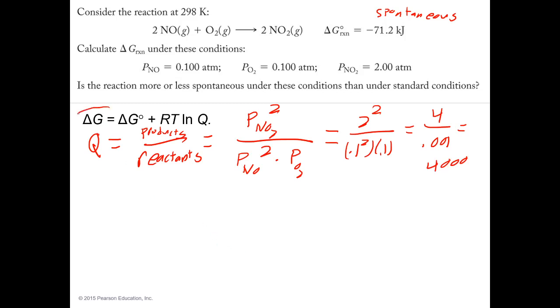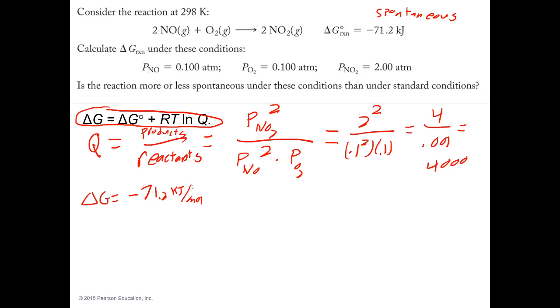So now we've got to plug everything into this equation here. What we want to know is, what is the delta G? That's the thing we don't know. We do know what the standard state value is, though. It's negative 71.2 kilojoules per mole. Again, like I talked about last time, you'll see per mole, sometimes you won't. When it's written next to the reaction, you won't see per mole. Everywhere else we'll put per mole with it, just to remind you.